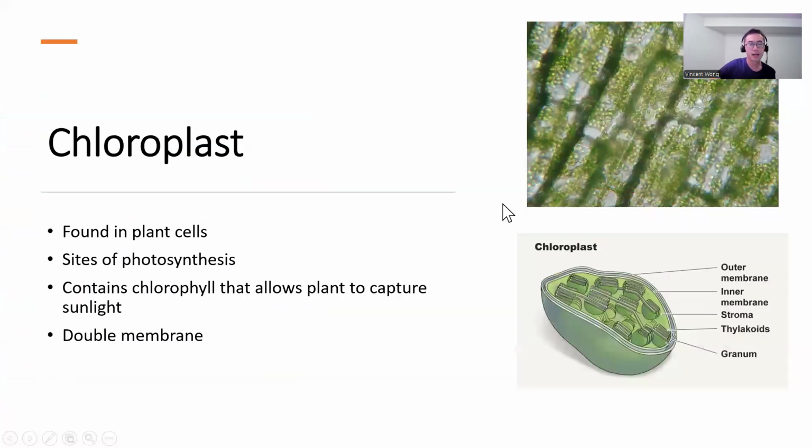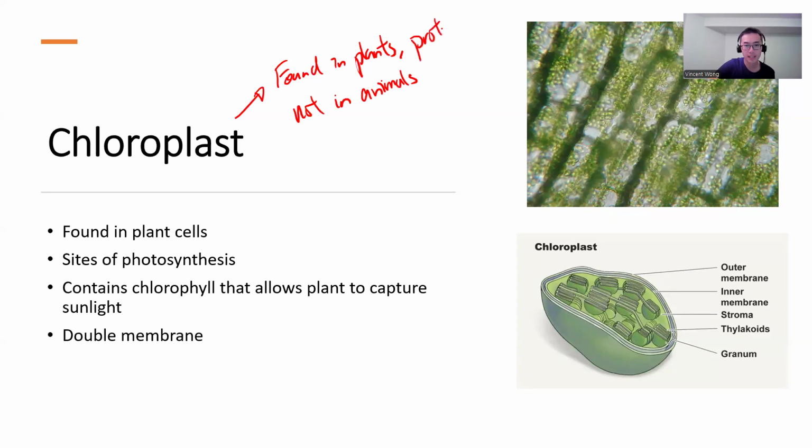Okay, next we have chloroplast. Chloroplasts are found in plants, not in animals. Okay, actually, they can be found in other things like protists.